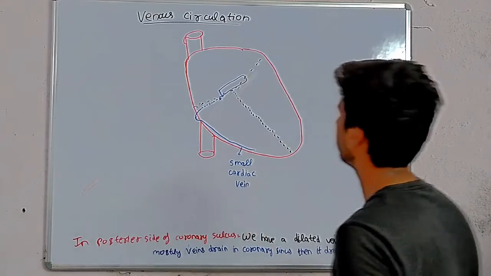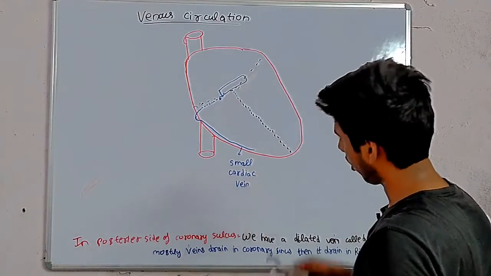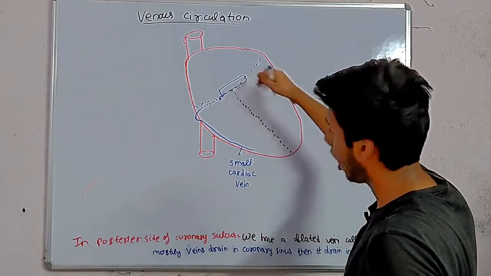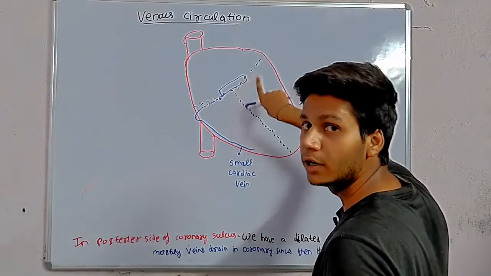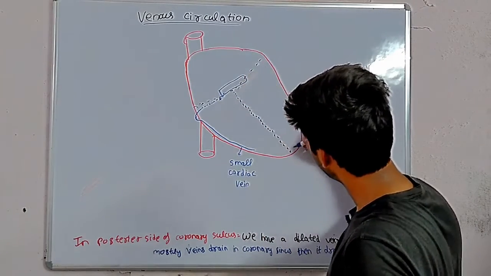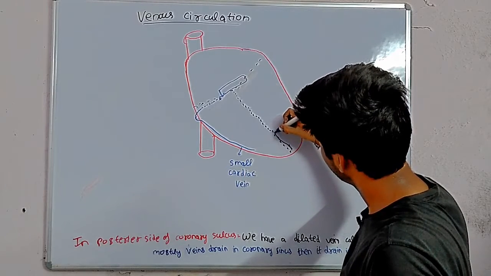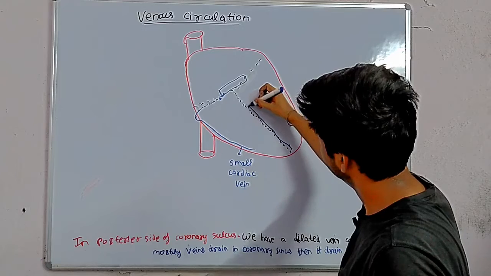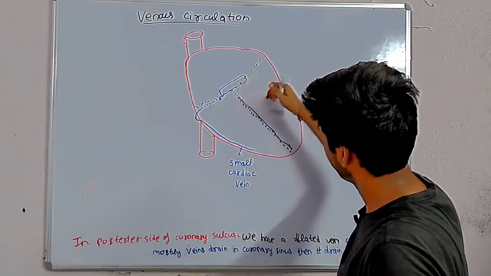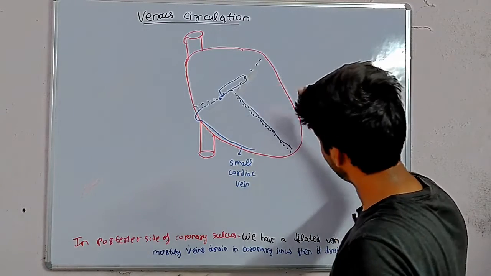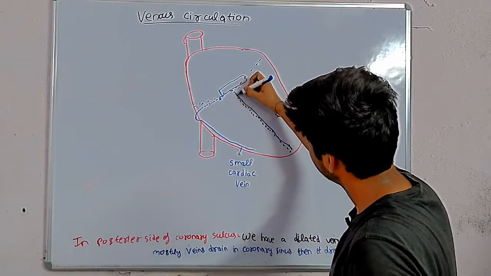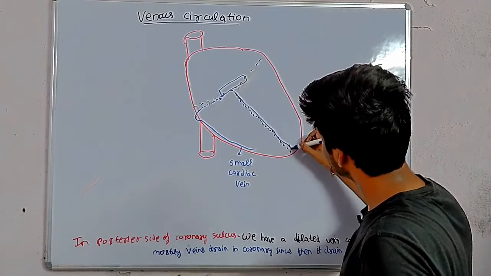Then another one is on the anterior aspect, in the interventricular sulcus, a vein going from the anterior aspect to the posterior side.